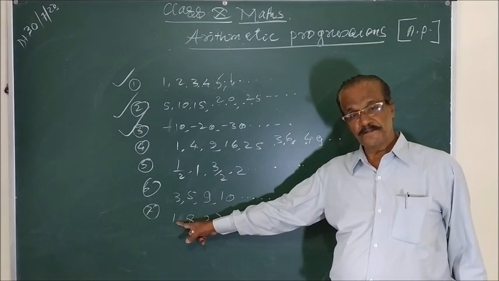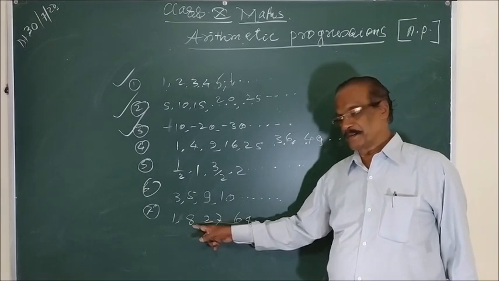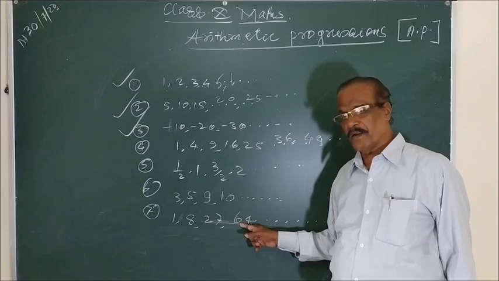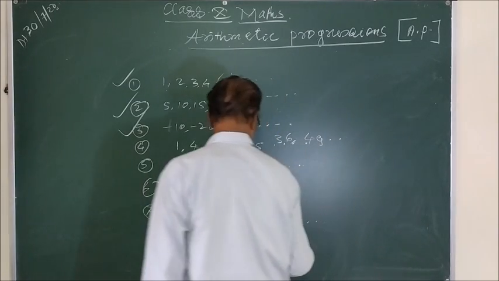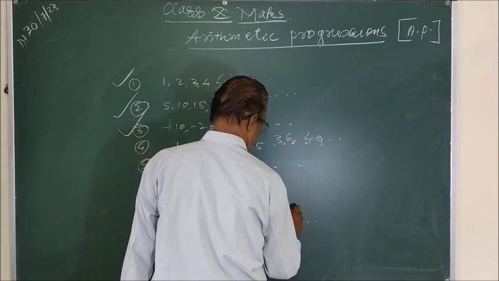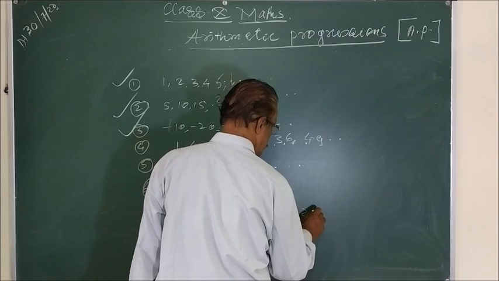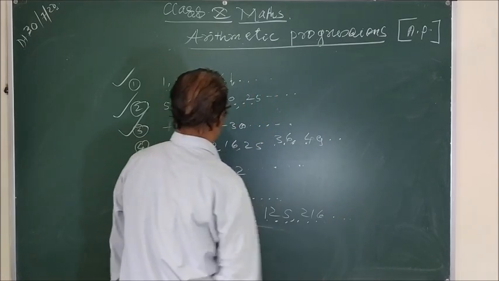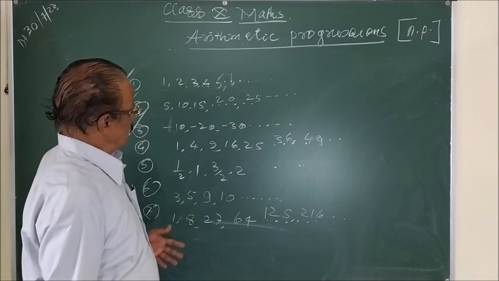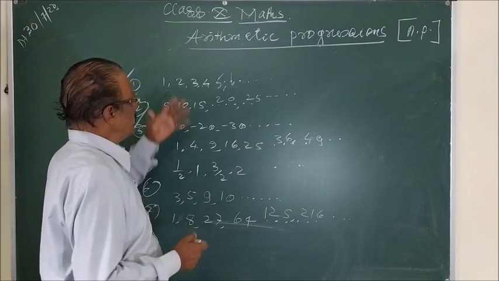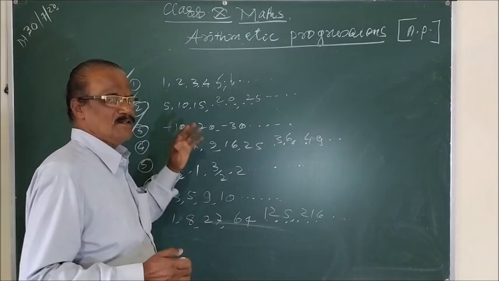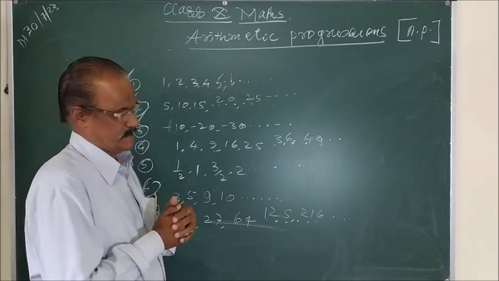Cube of 1, cube of 2, cube of 3, cube of 4, and next number you can write here. Cube of 5, cube of 6, like this. Now, the question is, what did you learn from these examples?